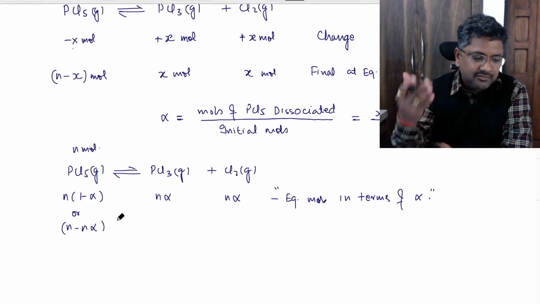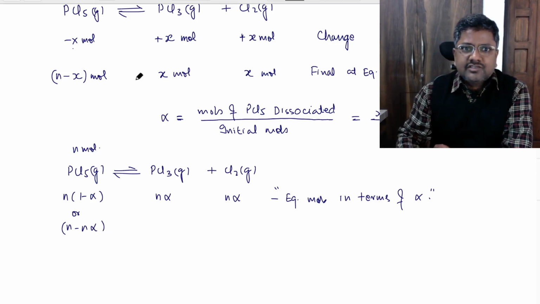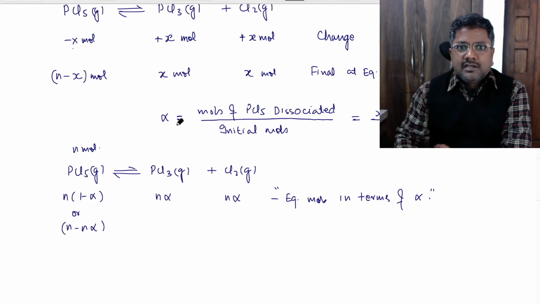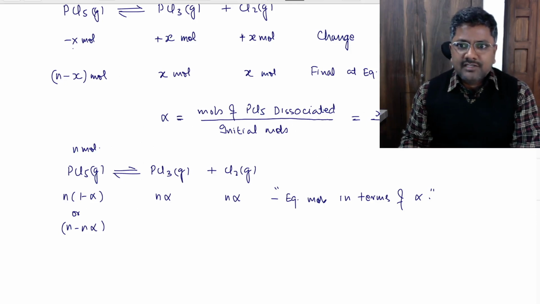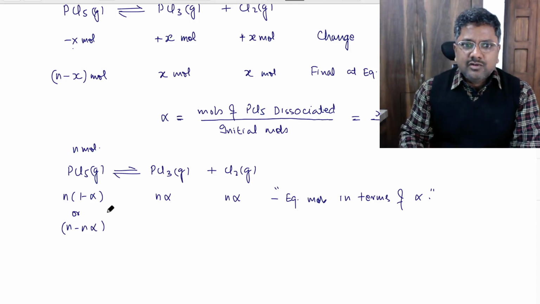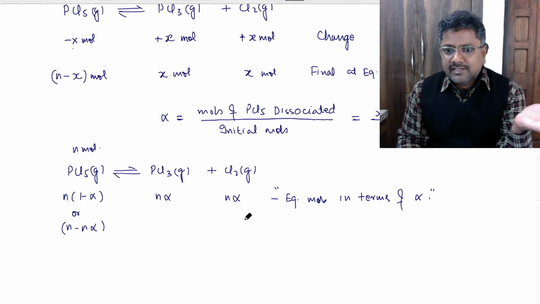So basically you will get alpha. And in terms of x, you can see this alpha is equal to x by n. If you want, you can put it here and you will get the same result, right? You can apply the concept: alpha is equal to x by n. So at the end you can prove that this expression and this expression are the same.